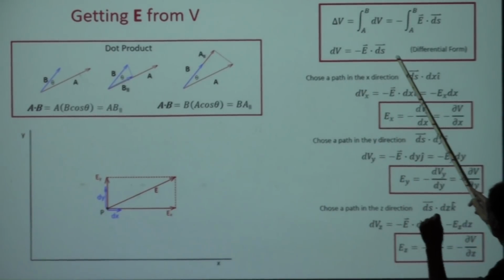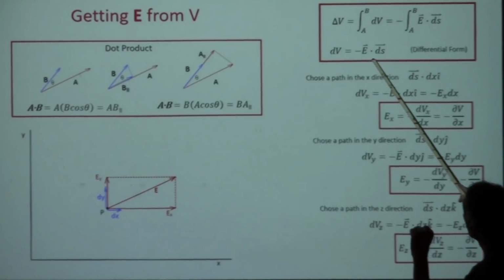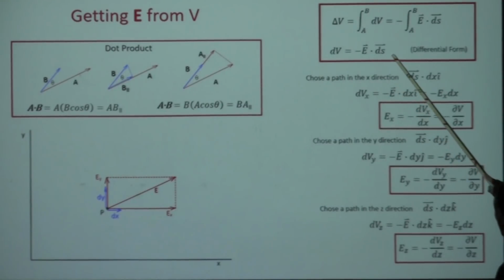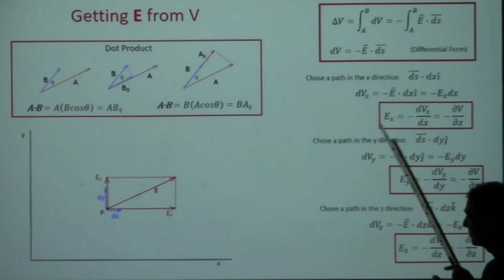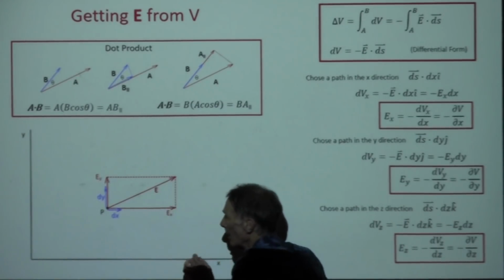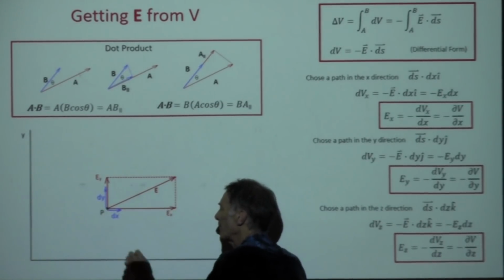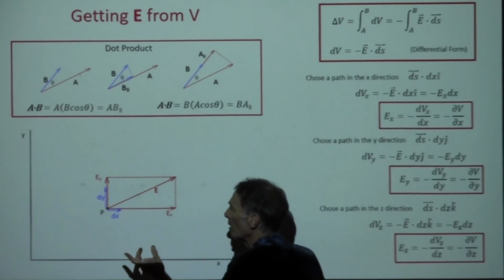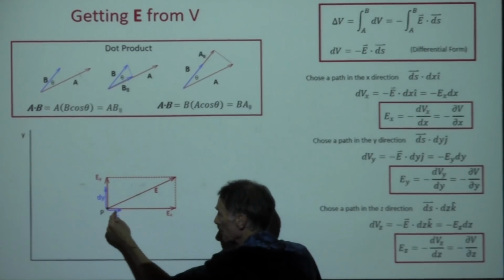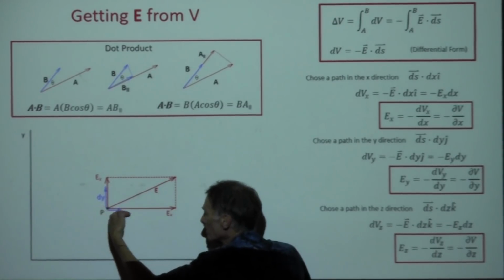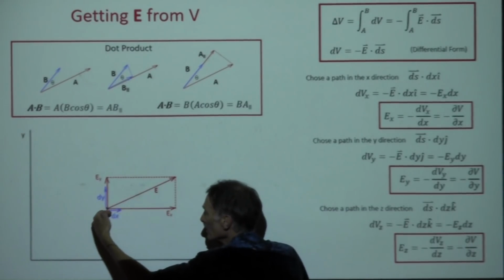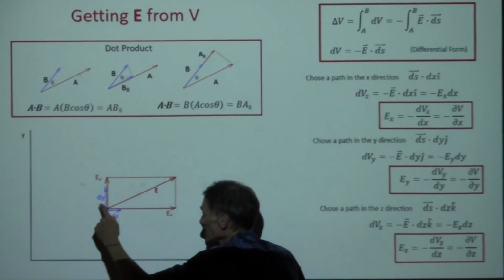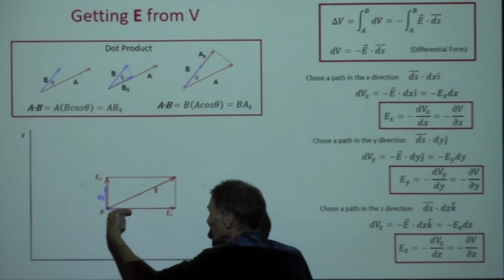And we can take advantage of this. If I take the dot product, this is where I want to use this idea. I can choose a number of ds's. Let's say we've got, in the xy plane, some point in space, and there's some electric field at that point, and I want to get at it. But all I know is the potential. If I take the potential and take a step, let's say I decide to go in the x direction, instead of just arbitrarily in some ds direction off in space, let me go in the dx direction.